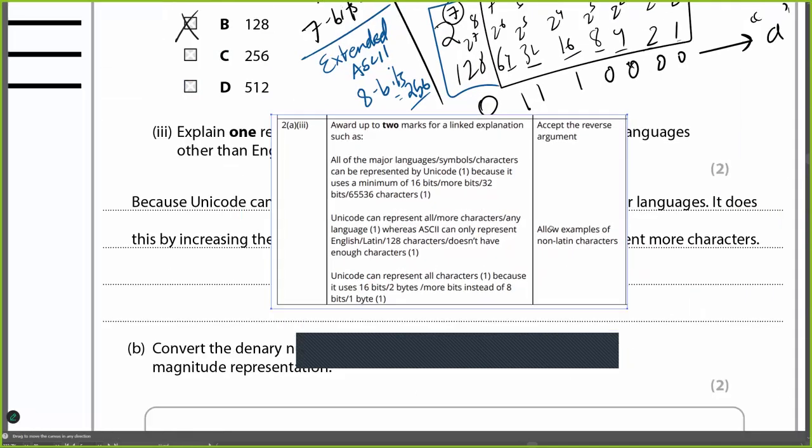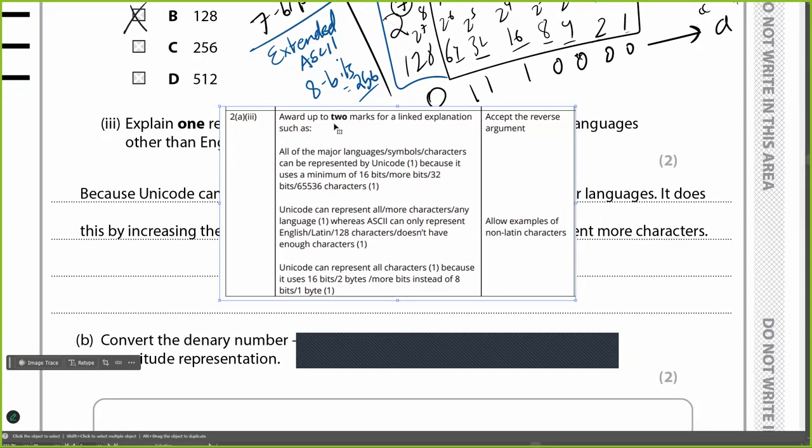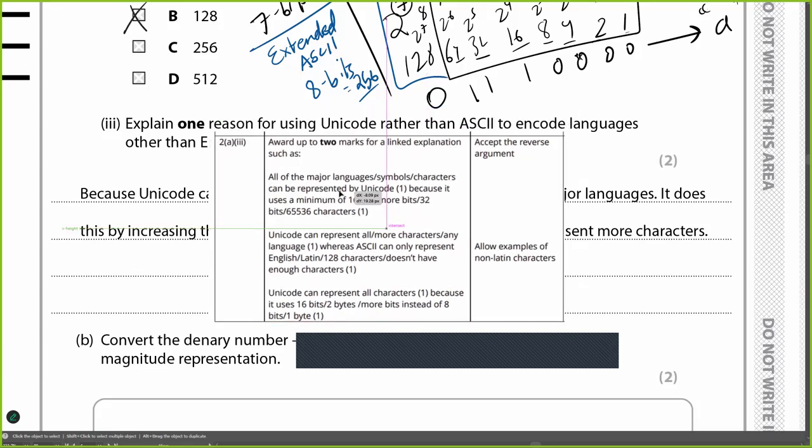Here's the answer key. It says award up to 2 marks for a linked explanation such as all of the major languages, symbols, characters can be represented by Unicode.